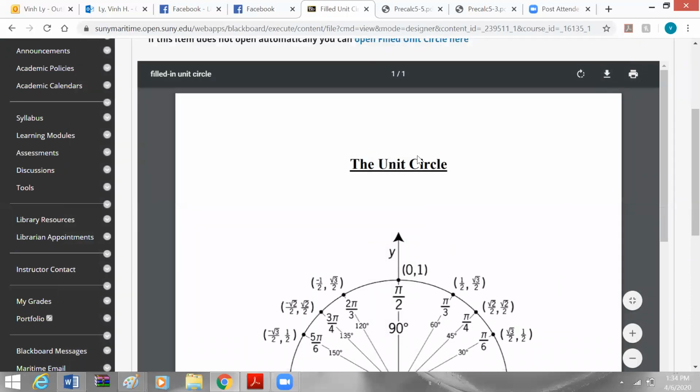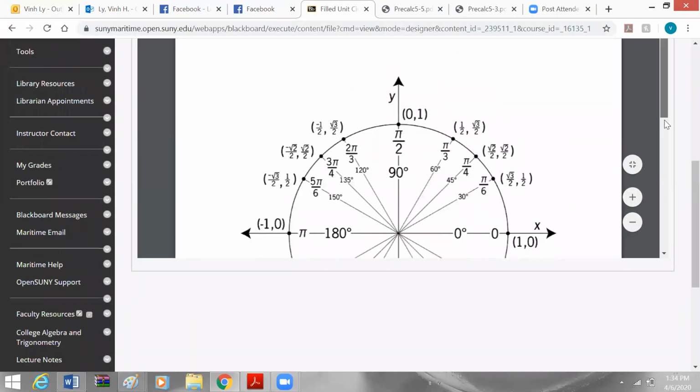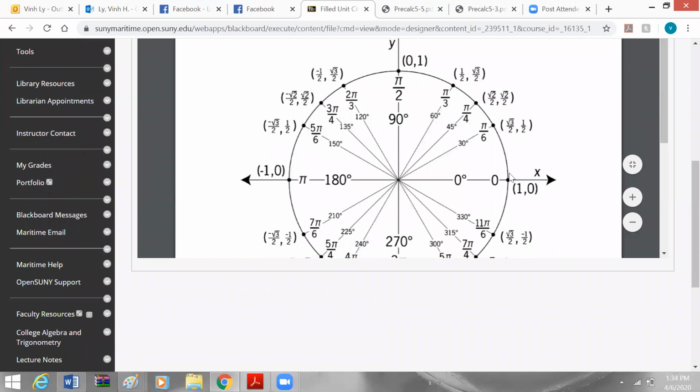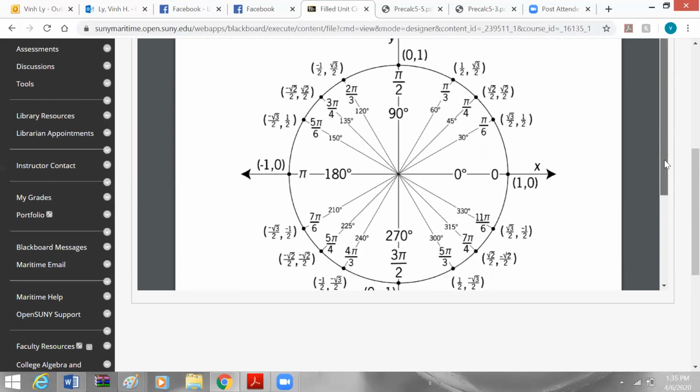So this is where we have the x and y, right? So x represents the cosine, and y represents the sine. So the cosine at the radian equal to 0 is 1 and sine equals 0. For the 90 degree, the cosine will be equal to 0, and then the sine equals 1. Now, our job is going to analyze all of that.